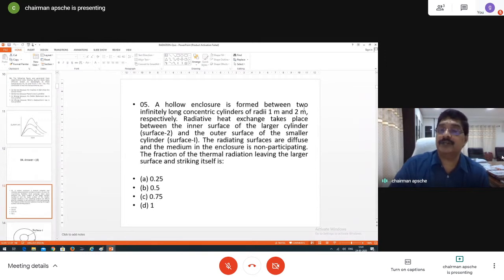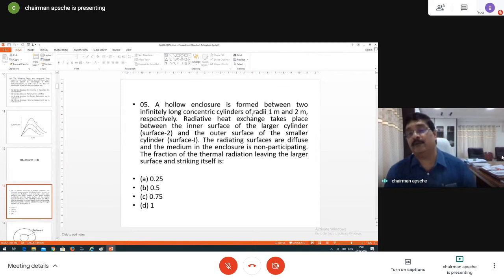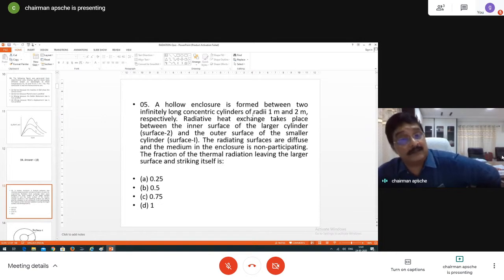A halo enclosure is formed between two infinitely long concentric cylinders of radii 1 meter and 2 meters. Radiative heat exchange takes place between the inner surface of the larger cylinder, surface 2, and the outer surface of the smaller cylinder, 1. The smaller cylinder is labeled 1, the outer cylinder is labeled 2.